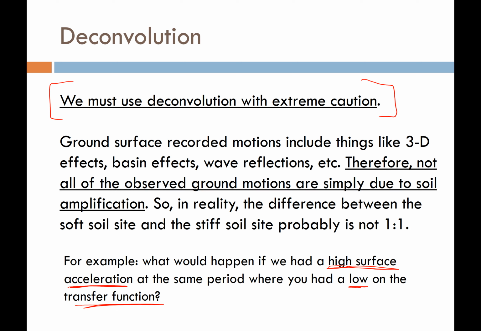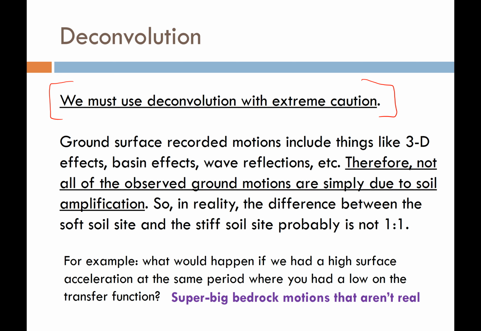So we're taking a high acceleration and dividing it by a really low value on the transfer function. What happens when you take a big number and divide it by a small number? That's right, you get a really big number. So what we're saying is we may get a super big bedrock motion that is no way realistic at all.